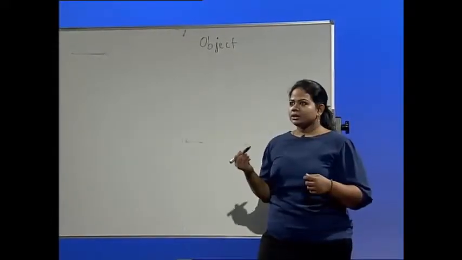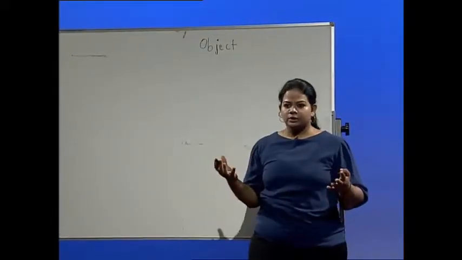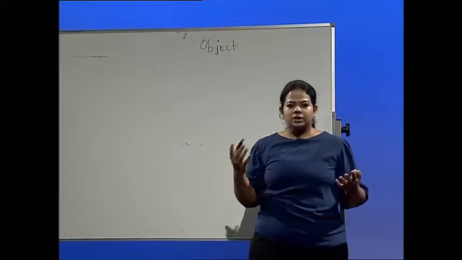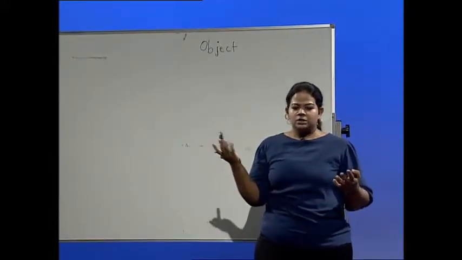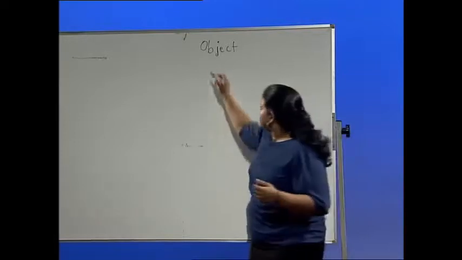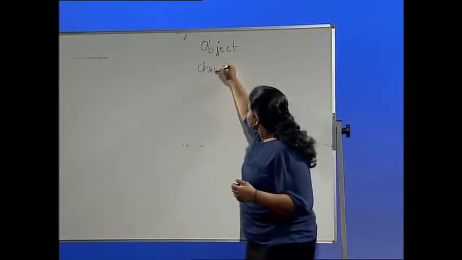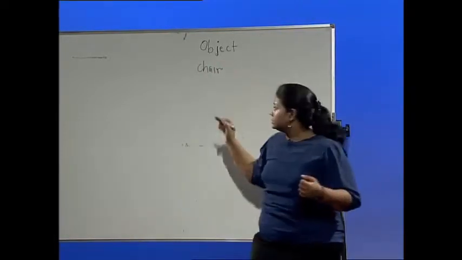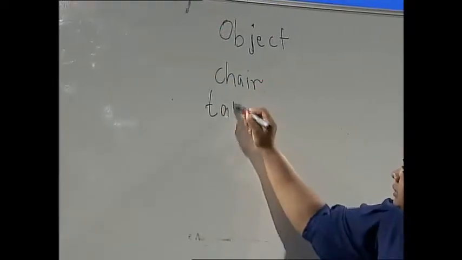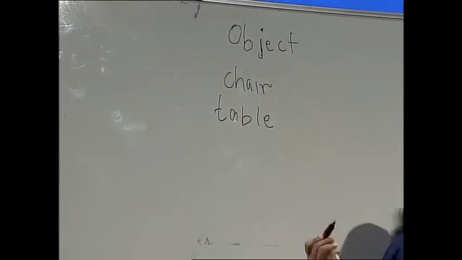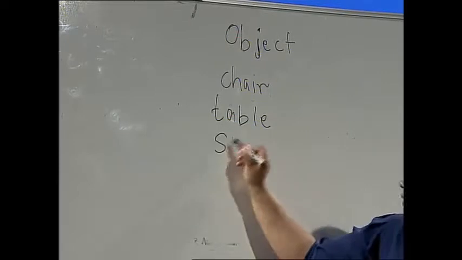Think about, in the real world, when I say the word object, what comes into your mind? Let's look around. Maybe we can see chair, table, and in a classroom, student.